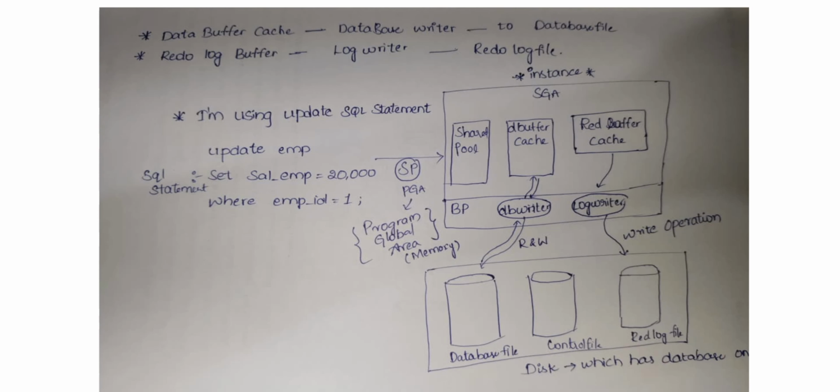Undo blocks, in the sense that, for example, we have updated the salary of the employee whose employee ID is 1. The value before updating the salary is stored in the form of an undo block. These undo blocks are formed from the update statement.